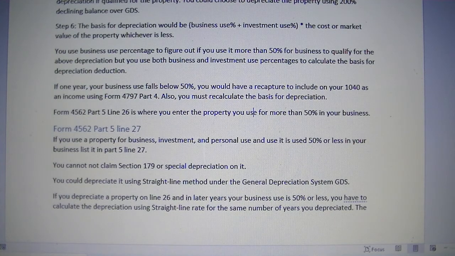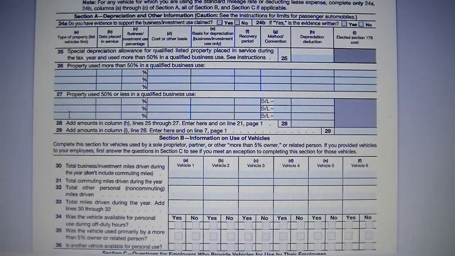So you'll enter the description of the assets on line 27, and column B, date placed in service, column C, business use, business and investment use percentage, column D, cost or other basis, column E, basis.